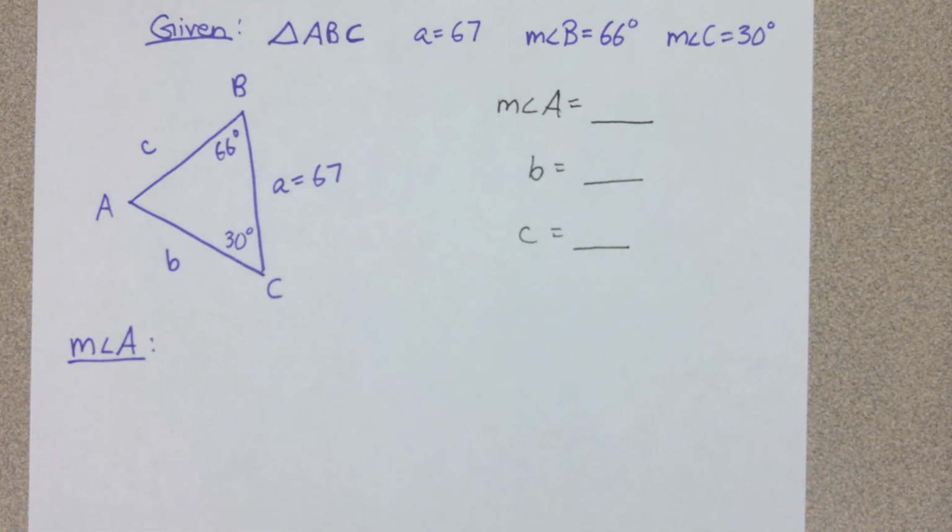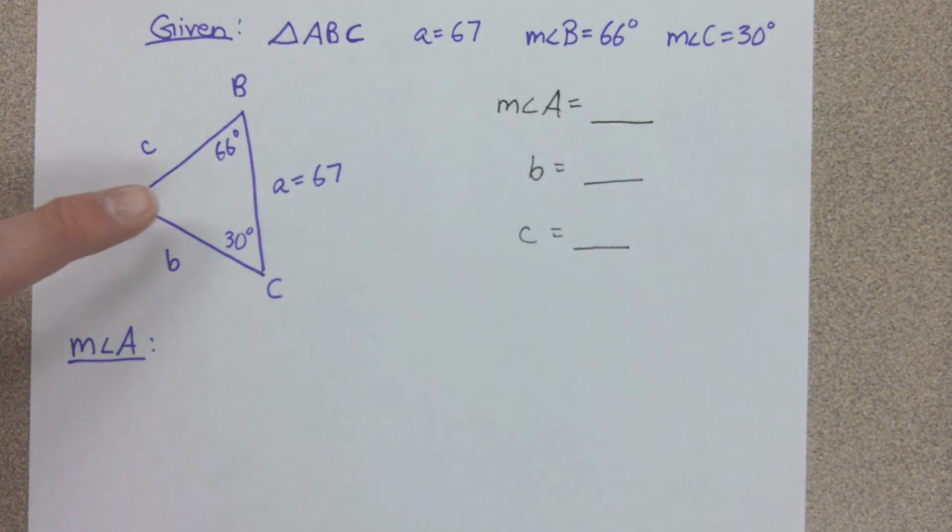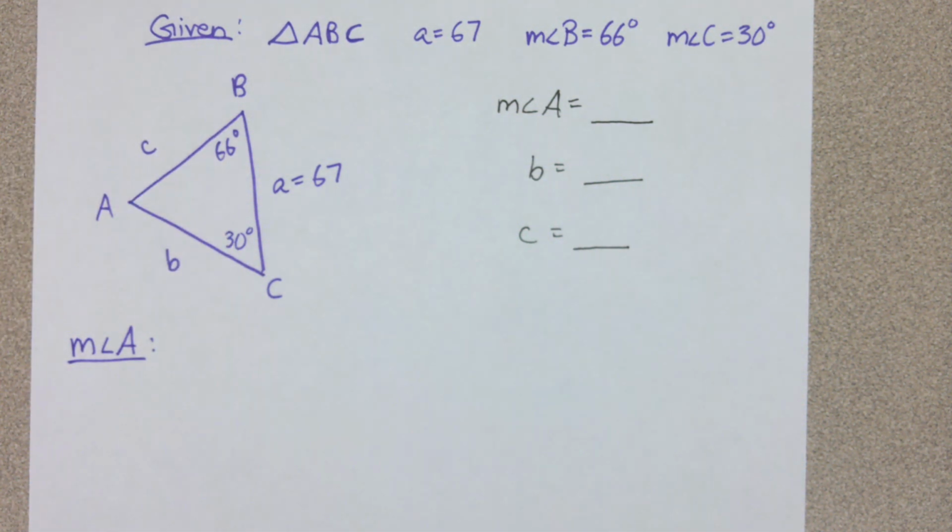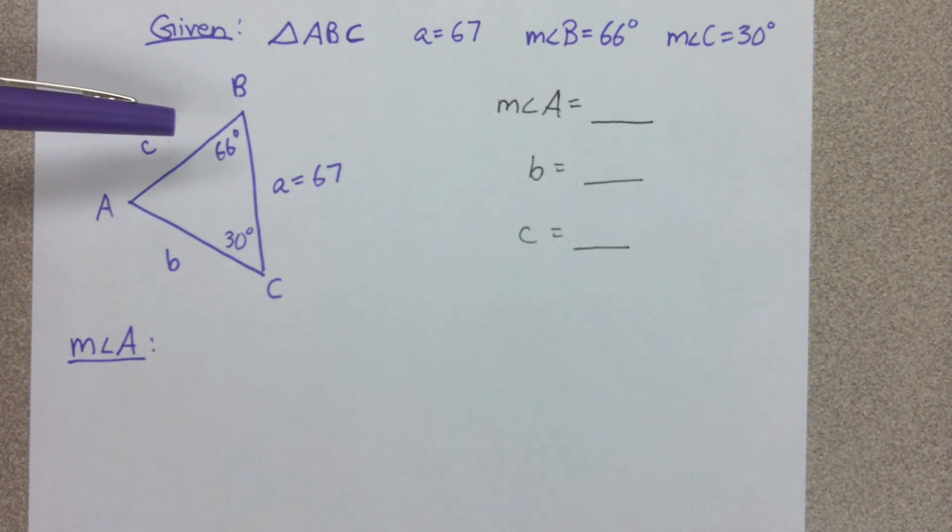Go ahead. Exactly. We know that the 3 angles together is 180. When you're only missing 1, makes it pretty easy. So you can do this. I'm actually going to show you an even more straightforward way.